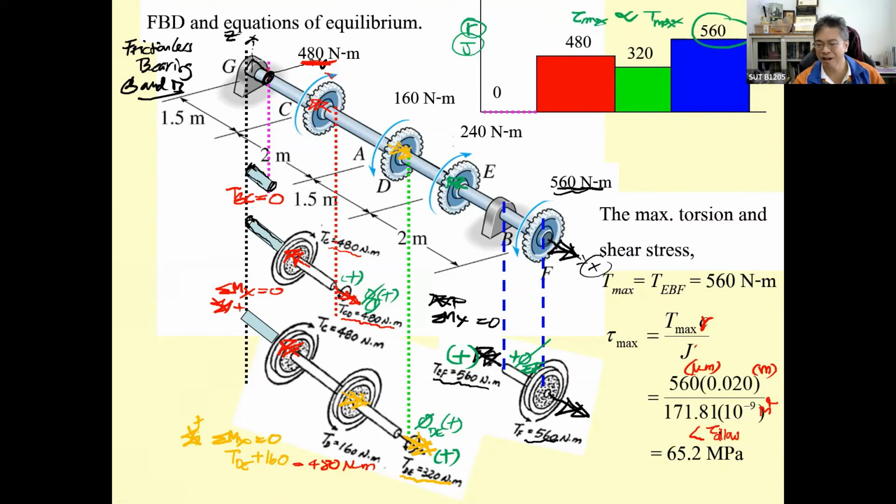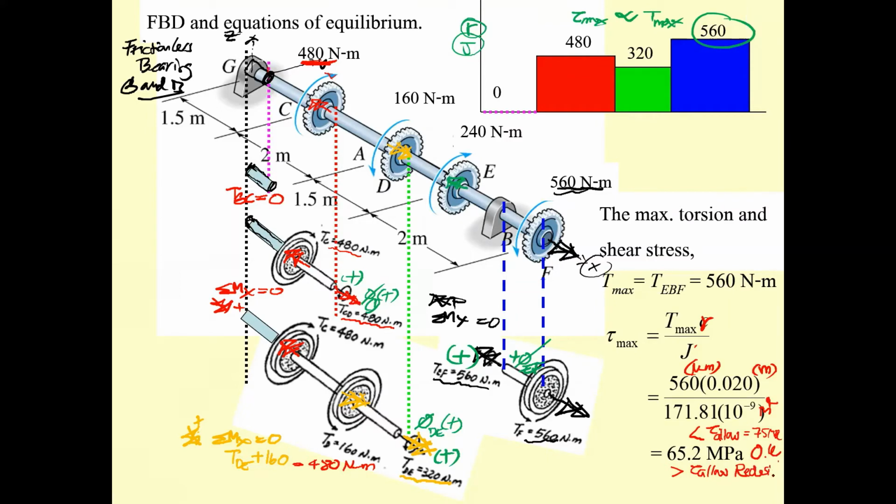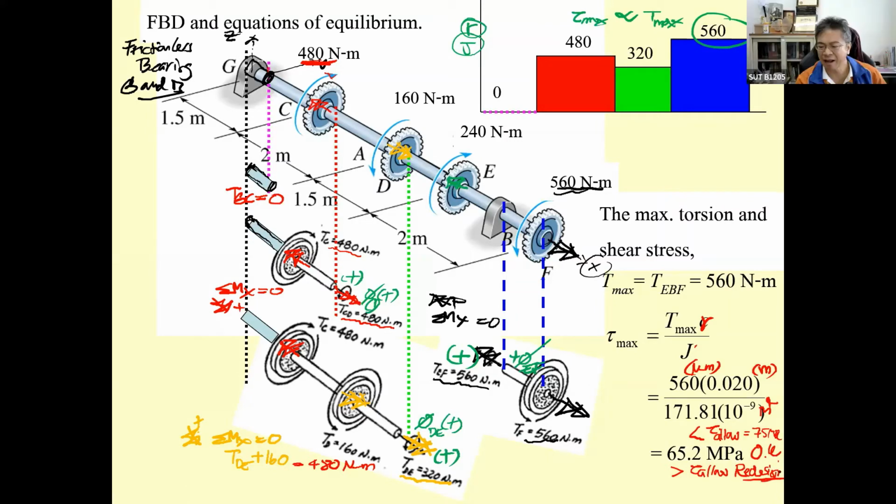So if it's less than tau allowed, for example, 75 megapascal, this is okay. But if this one is larger than tau allowed, the problem is going to be not okay. You have to redesign the section.